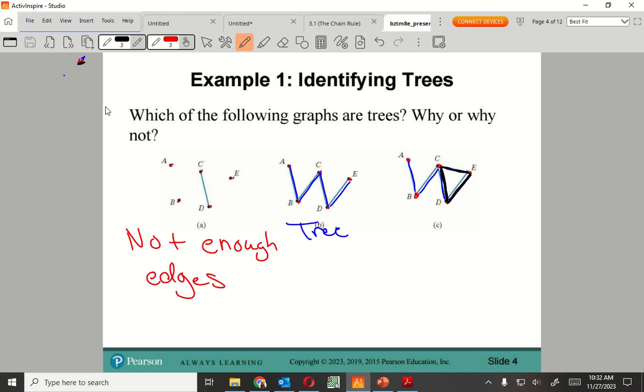I could just keep going around C, D, E. So this one is a no for 2 reasons. One, it has a circuit, and two, it has too many edges. There we go.